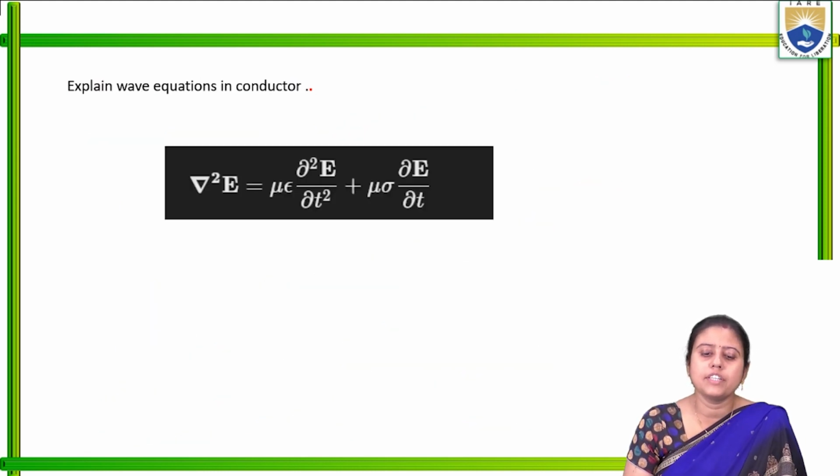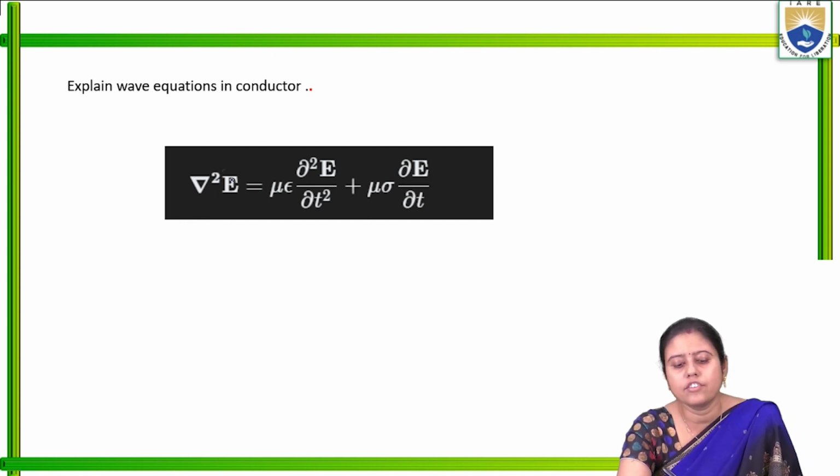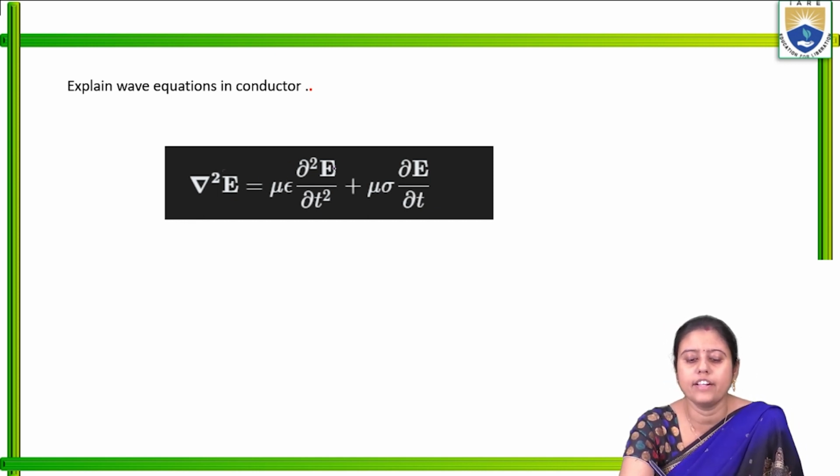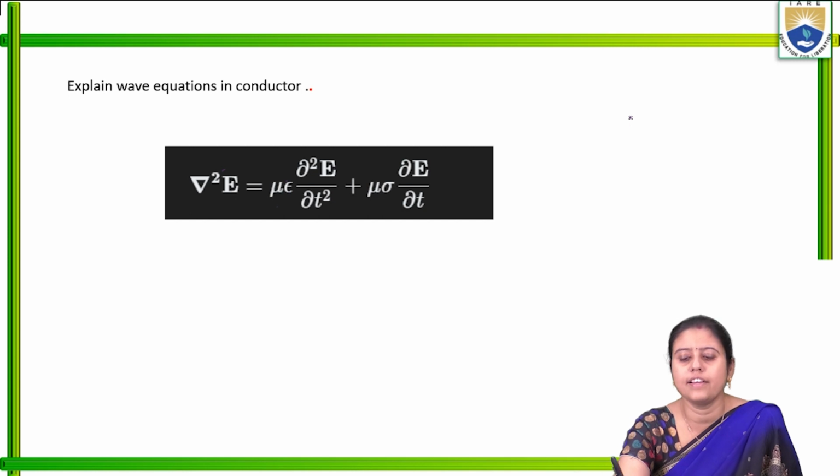What is the wave equation in the case of the conductor? Already we got grad square E is equal to mu epsilon del square E by del T square, because in the case of the conductor you cannot write mu is equal to mu naught and epsilon is equal to epsilon naught.